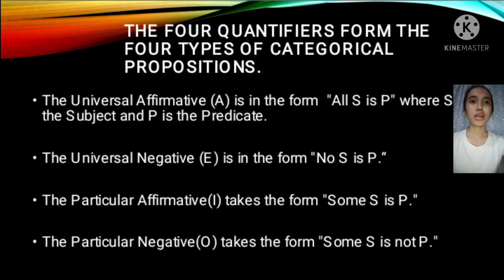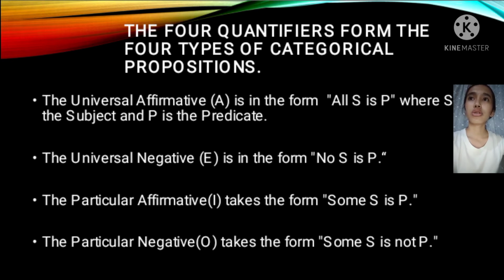Next is the particular negative, or the O. It takes the form some S is not P. The particular negative states that there are some members of the subject that are not in the predicate category.